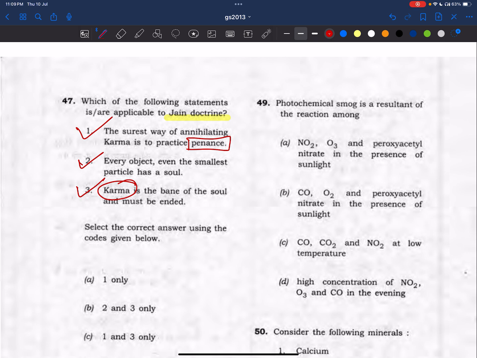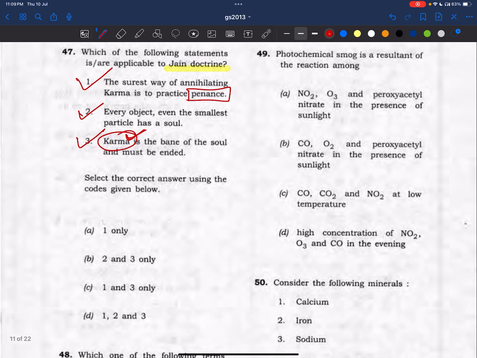It is the main theme of Jainism doctrine. It focuses on karma a lot, right? And definitely, karma forms the cycle of birth, rebirth, and all these things. We need to end the karma so that we get liberated from this birth and death cycle.